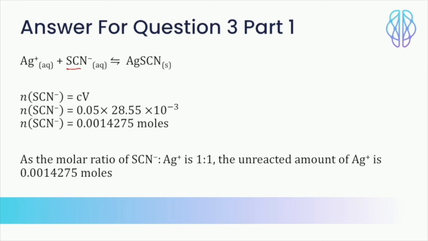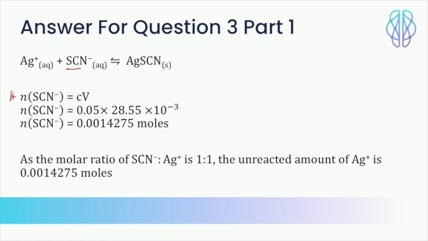So the first thing we need to do is find the moles of potassium thiocyanate that are required to bring the silver nitrate to its equivalence point. And we're actually given that, so we can do that with the formula n equals CV. So first thing, write my formula, and then substitute.